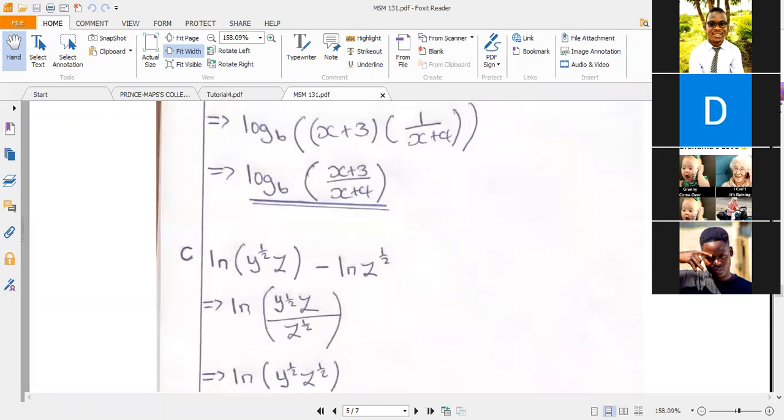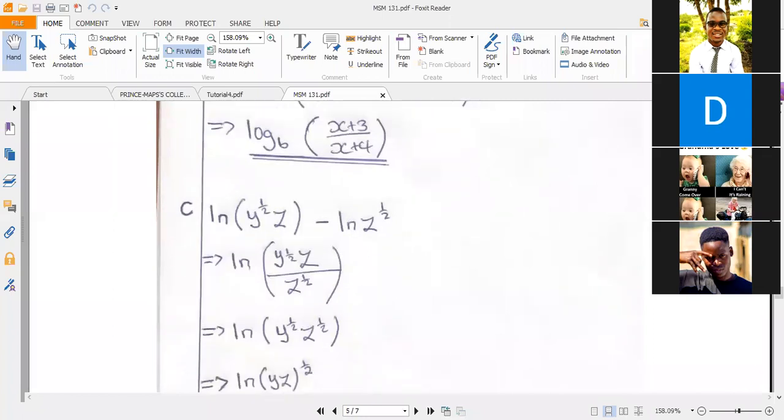We go to C. C says ln of y to the power half z, minus ln z to the half. So this simply tells us that we are dividing because we have same base, ln and ln, but then we have a minus here.